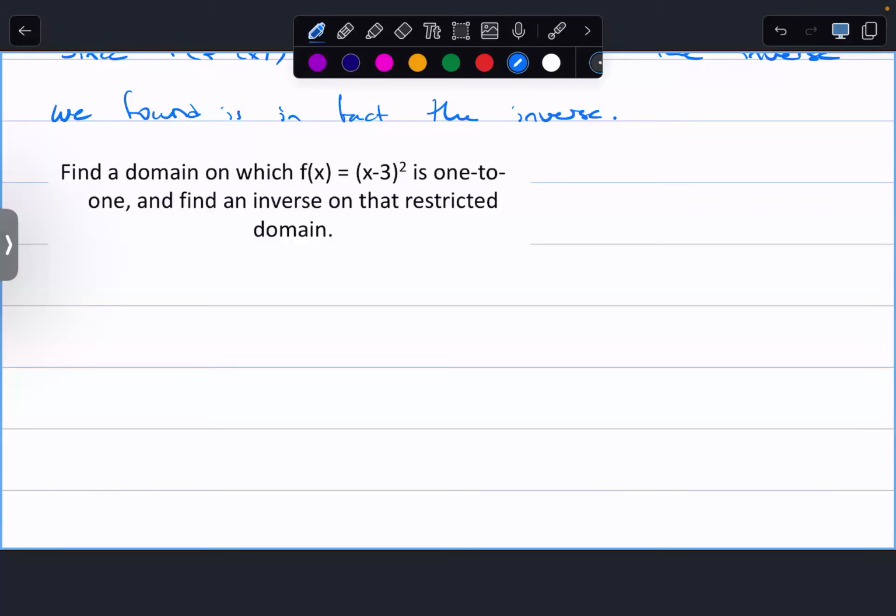First, let's do a little bit of the transformations from last day, which I didn't bring up because we're doing inverses today. From last day, x minus 3 squared, if you had to visualize it, what would it look like?